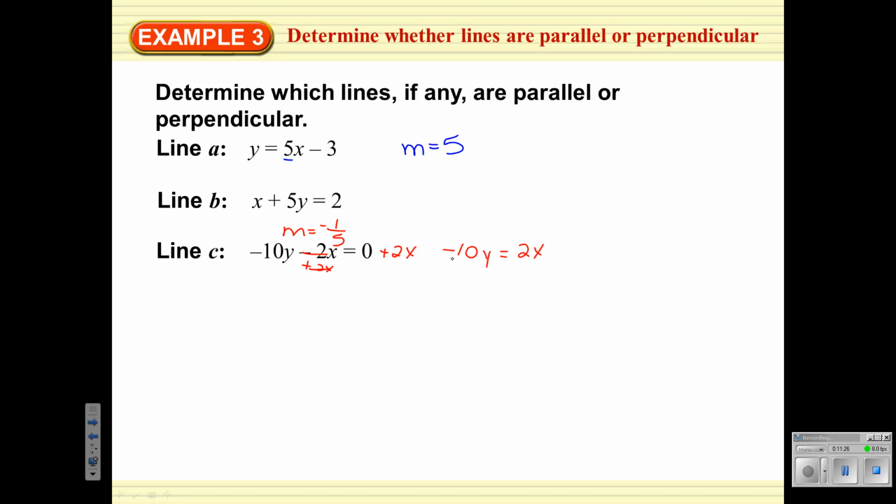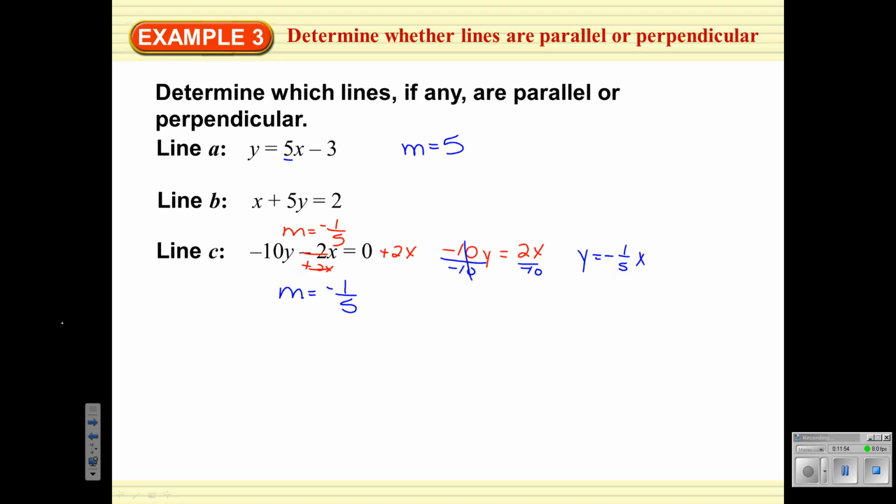Divide both sides by -10. So y equals 2 over -10, which is -1/5. Let's do it separate. -1/5 x. So my slope for line C is -1/5.